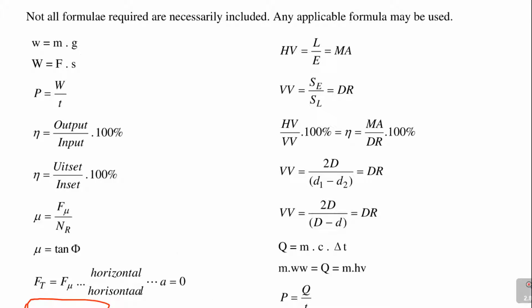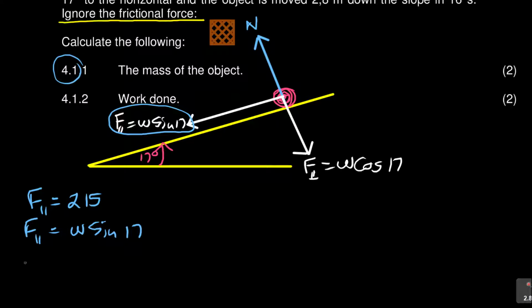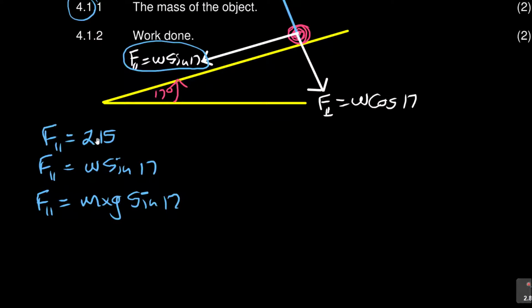Mg, mass times gravity. So you substitute to say F parallel is equal to mass times gravity sine 17. But we know what is F parallel. They told us it's 215. So you write 215 is equal to mass times gravity 9,8 sine 17.